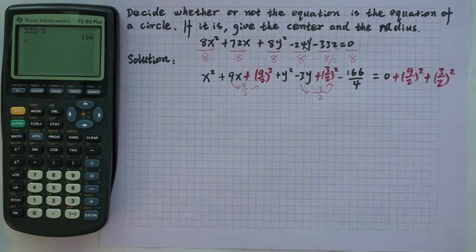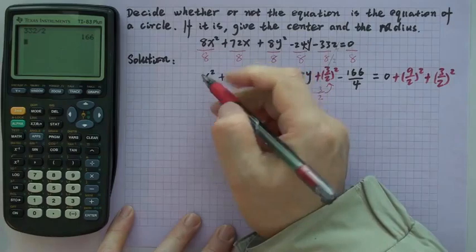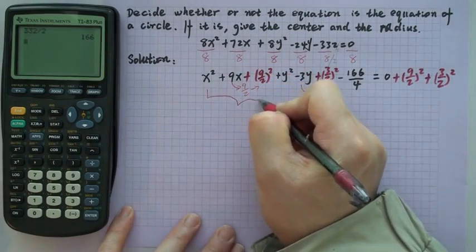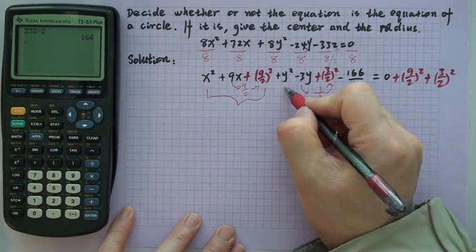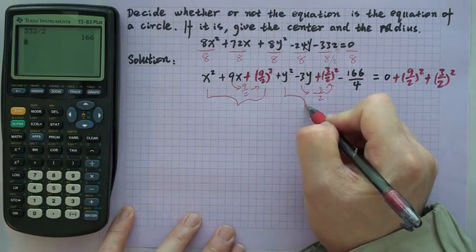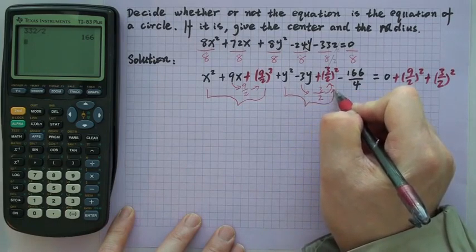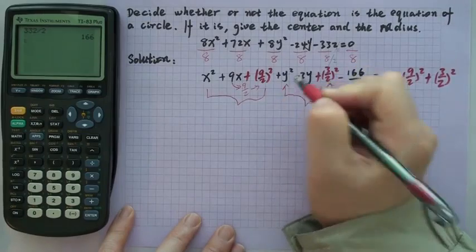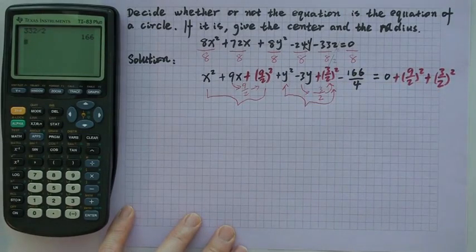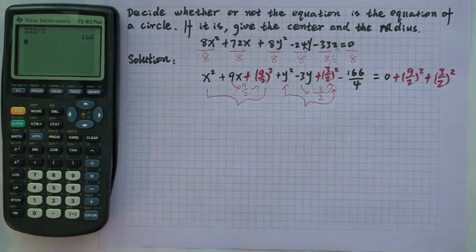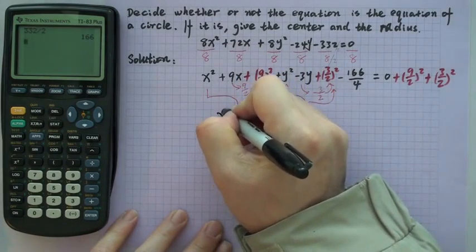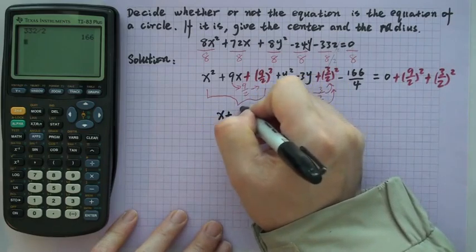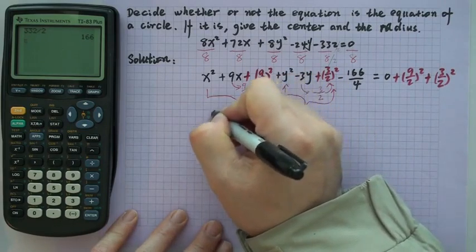Now, you can organize these 3 terms together and these 3 terms together. These 3 terms together are a complete square, which is x plus 9/2 squared.